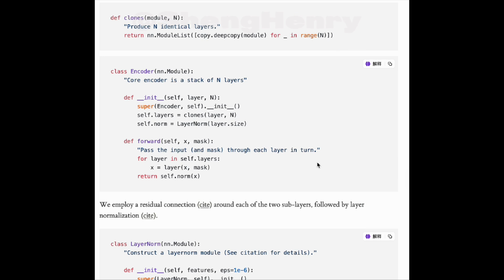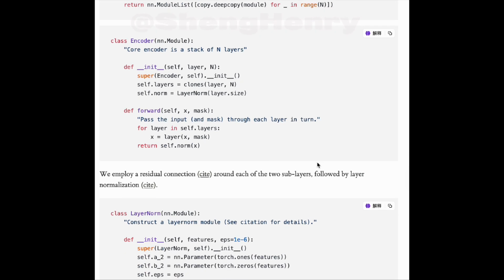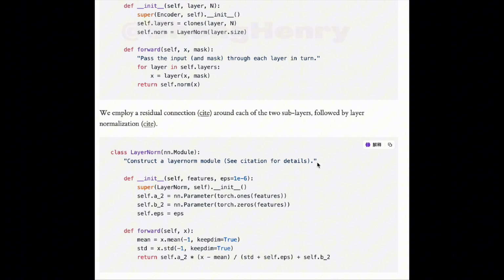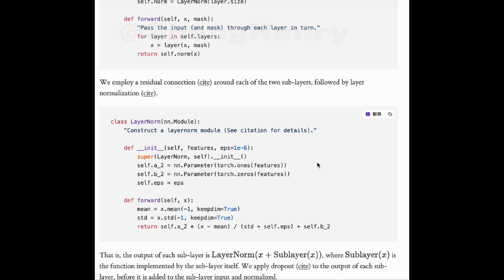This mechanism allows the model to focus on different parts of the input sequence simultaneously. The second one is called feed-forward neural network. It is a position-wise fully connected network that processes the output from the attention mechanism.